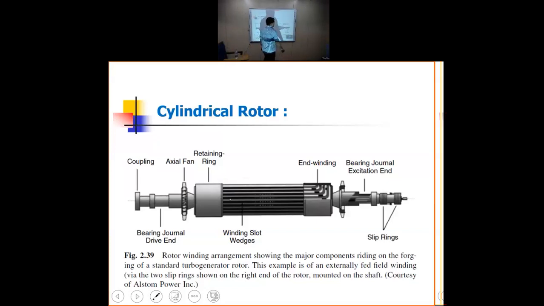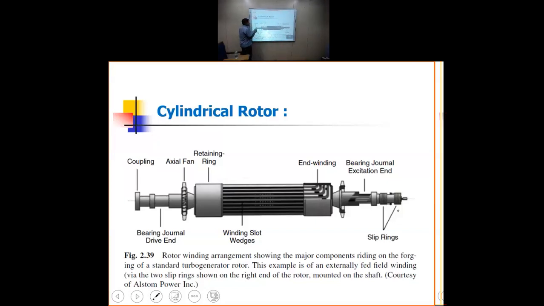And these are the two slip rings for providing the DC power. One slip ring is for the positive end, the other for the negative end. Brushes will be slipping on the slip rings, and this total cylindrical structure will be rotating. It is mounted on the shaft, and the turbine is directly connected.